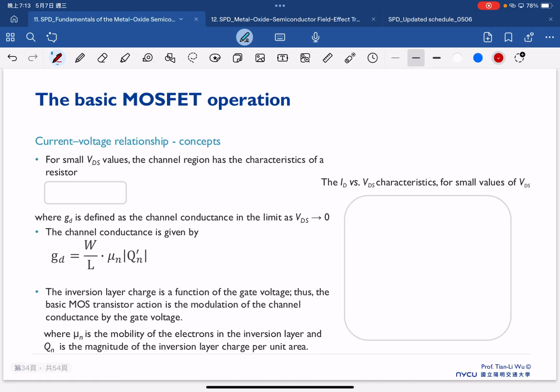When we consider a small VDS value, the channel region has the characteristic of a resistor, where our drain current is equal to GD times VDS, and GD is defined as the channel conductance, which is inversely proportional to the resistance.